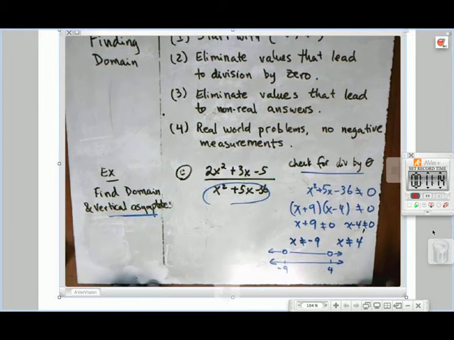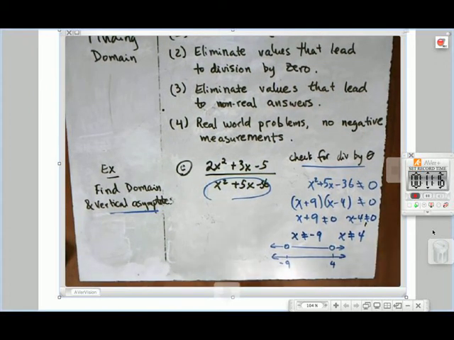So to write our final answer with interval notation more clearly, we're going to say from -infinity to -9, and then from -9 to 4, and then from 4 to +infinity.